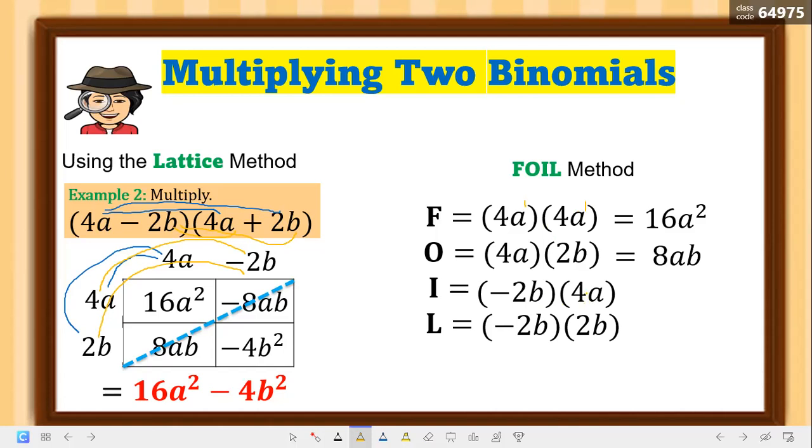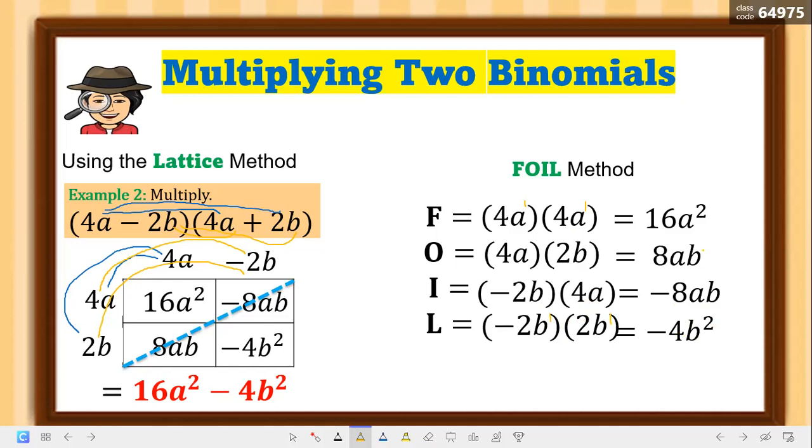Negative 8ab. And what is negative 2b times positive 2b? Negative 4b squared. Okay. Saan nga ulit nanggaling yung exponent ni b dito na 2? Add the exponent. Yes, very good. In-add po yung exponents nila kasi using the law of exponent.